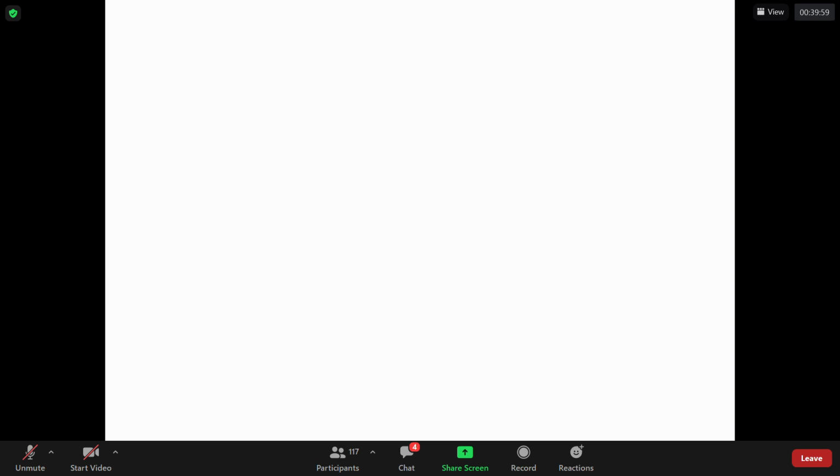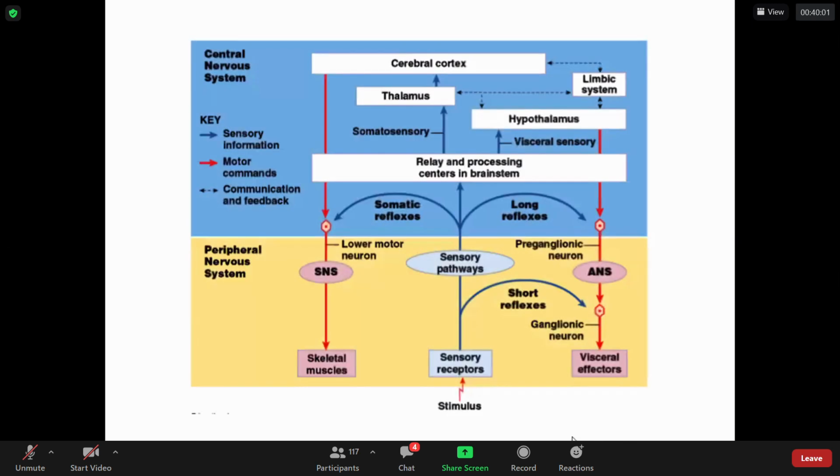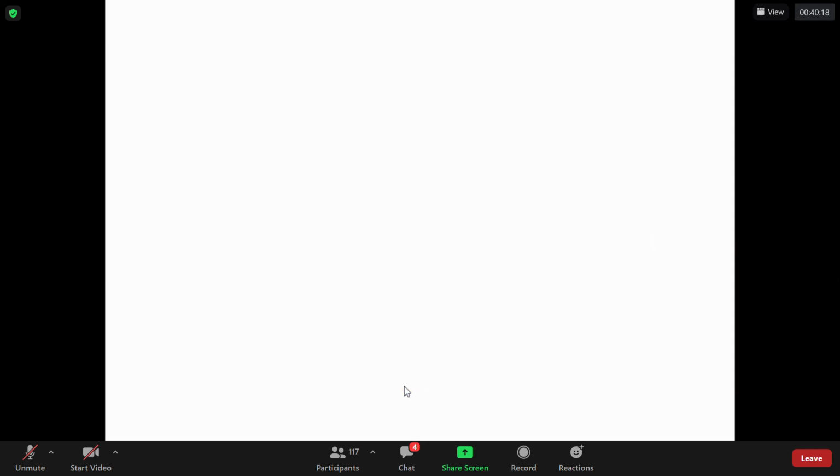And let me show you one thing here. He has asked for these. See, the sensory receptor, the sensory pathways, these are the somatic reflexes. And somatic reflexes always occur in the central nervous system, as you have mentioned. In this previous picture, you have seen these are the somatic reflexes.